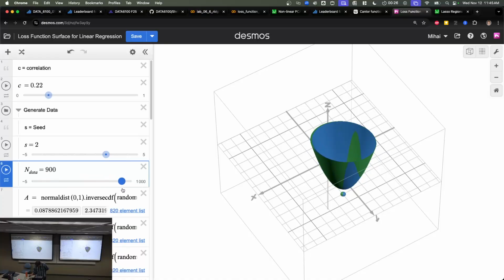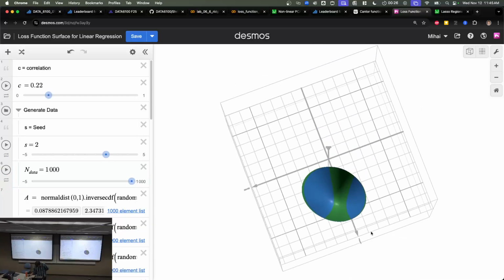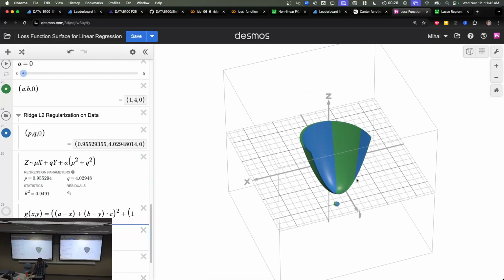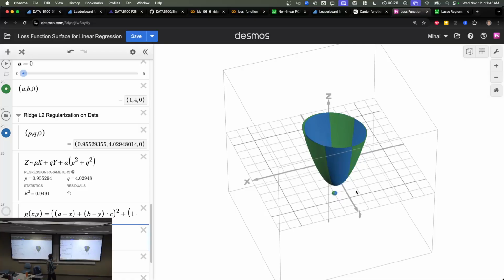That blue bowl depends on the data. The green one depends only on the distribution, and they're not exactly the same, but they do get closer and closer together. So that is the difference between the true loss function, sometimes called the population loss, this would be the population values, versus the sample, depending on our data.